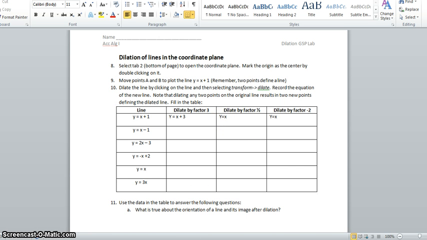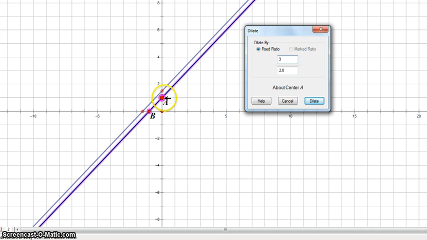Okay, and we've already started to notice that the y-intercept is just a point like any other. It's 0, 1 on the original. Whatever I do to it, since I'm using the origin as my center of dilation, whatever my scale factor is, I'm going to multiply that point by. So if it's 3/2, instead of 0, 1, it's 0, 3/2. So my intercept will be up here at 3/2.